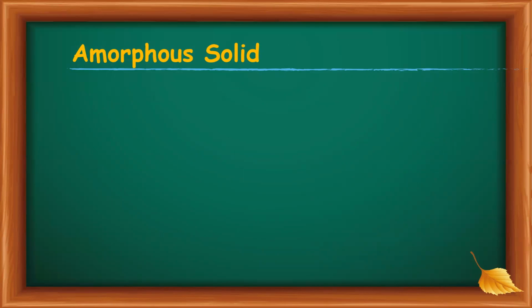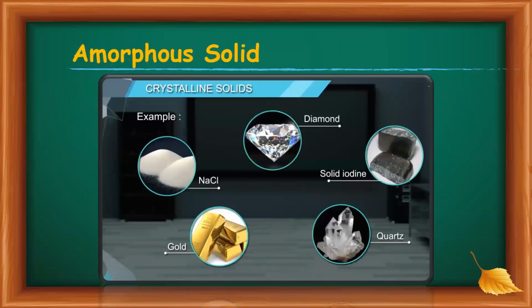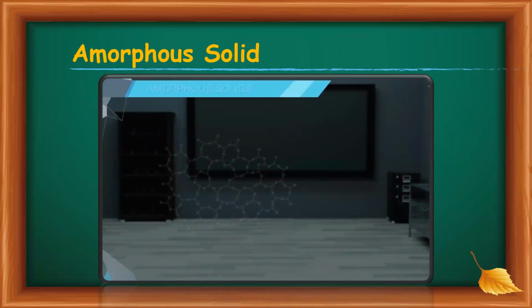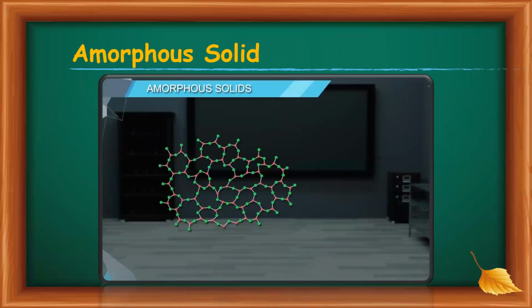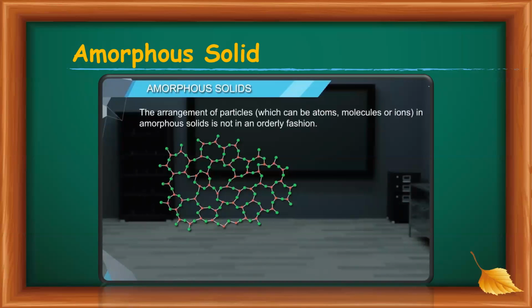Then amorphous solids. Just watch the video. Now, let us discuss amorphous solids. The arrangement of particles in amorphous solids is not in an orderly fashion. Sometimes in amorphous solids, we can find a few tiny orderly arranged portions in between non-orderly structures.